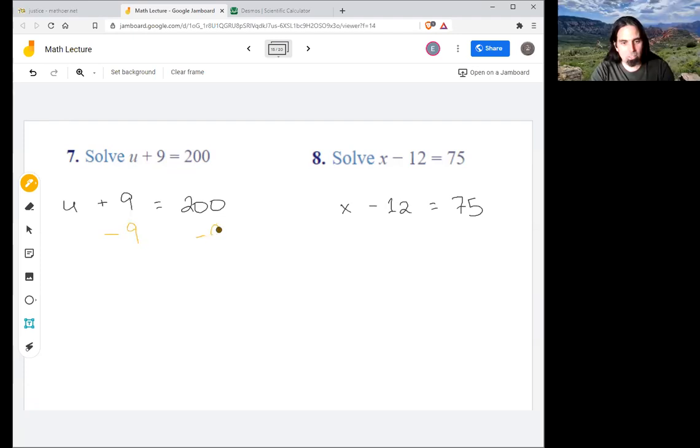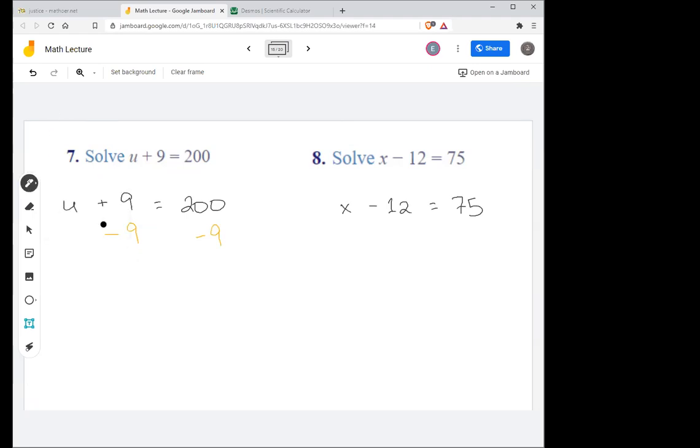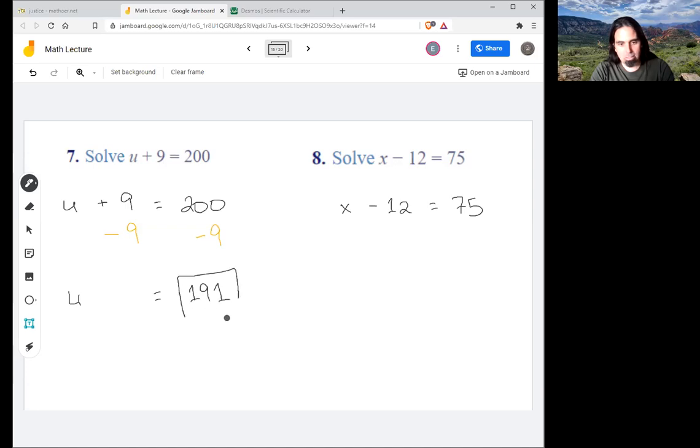You do. The opposite of add 9 is subtract 9. So those two would cancel out. And then you would get 191. U equals 191. Ta-da, that's all. Don't make them harder than they are.